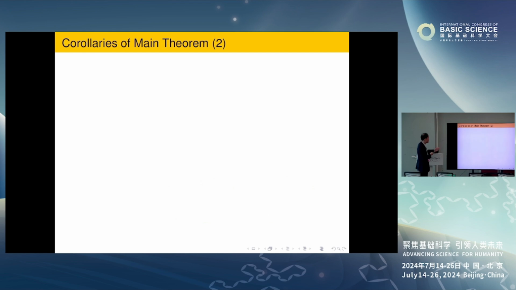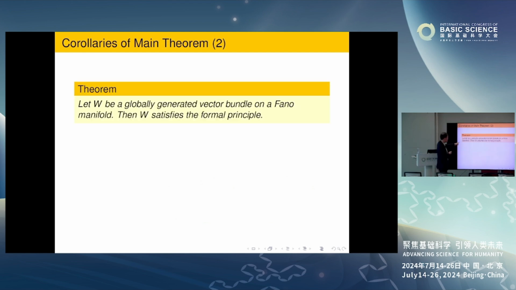Another corollary is that if you have a globally generated vector bundle on a Fano manifold, then it satisfies the formal principle. In this case, we justify the original Hirschowitz conjecture.